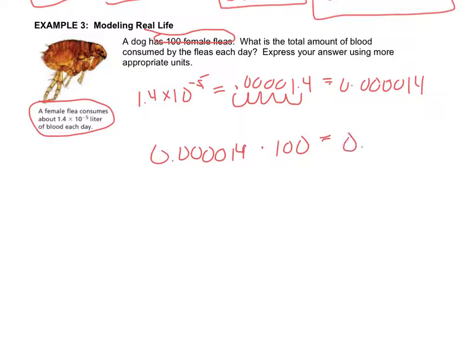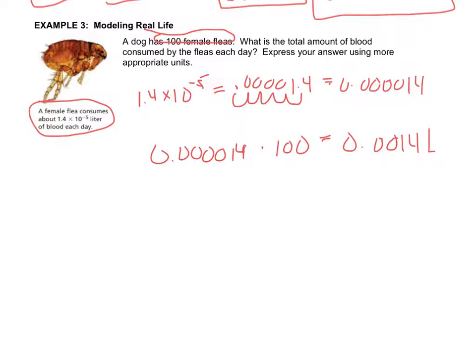So it's going to turn into 0.0014. And remember, we've been talking about liters. So right now the 100 fleas are doing about that in liters. 0.0014 liters.